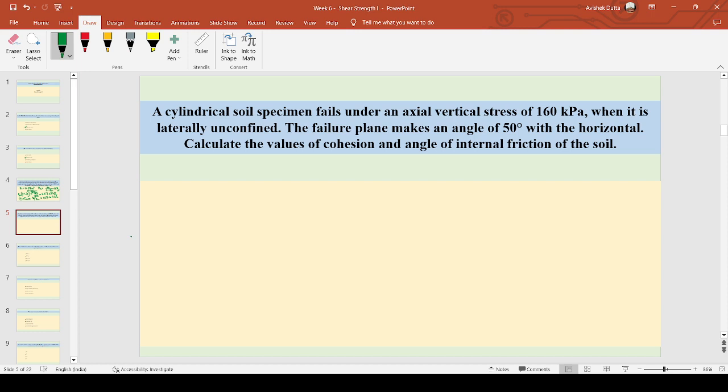In this case, the axial stress is given, it is sigma 1, equal to 160 kilopascal. Alpha, the value of alpha is 50 degrees.